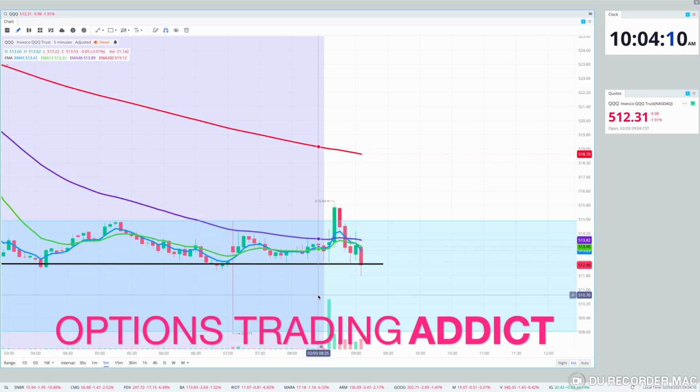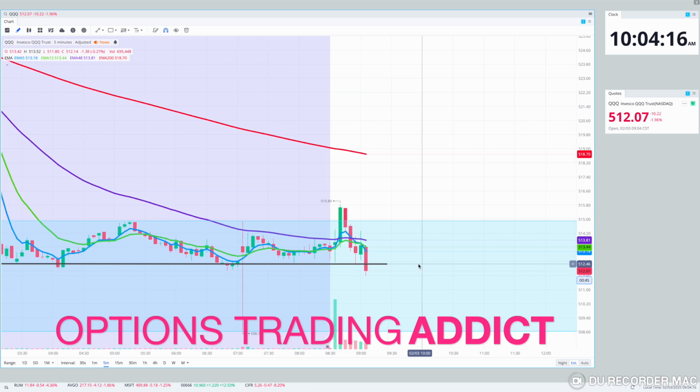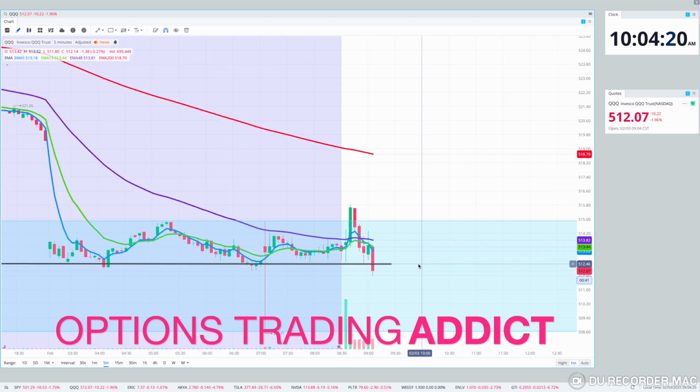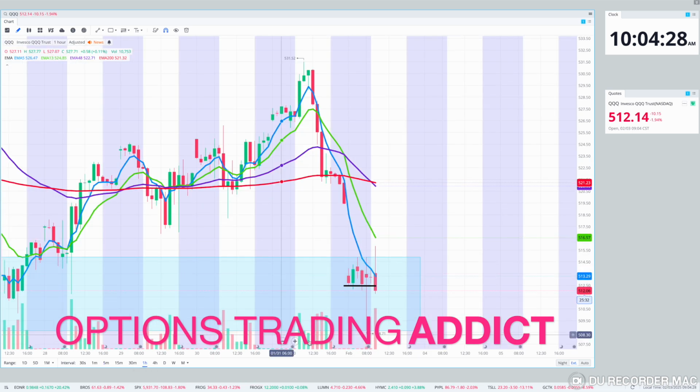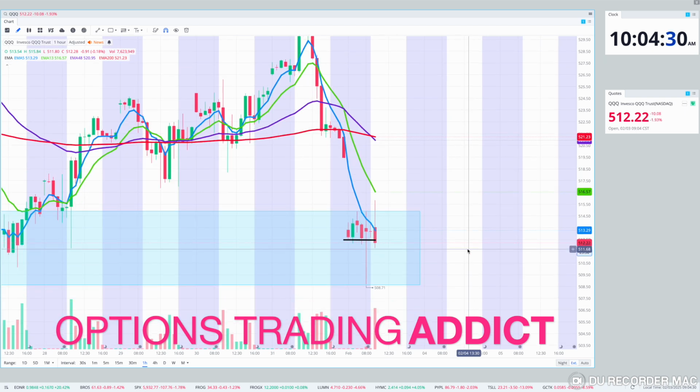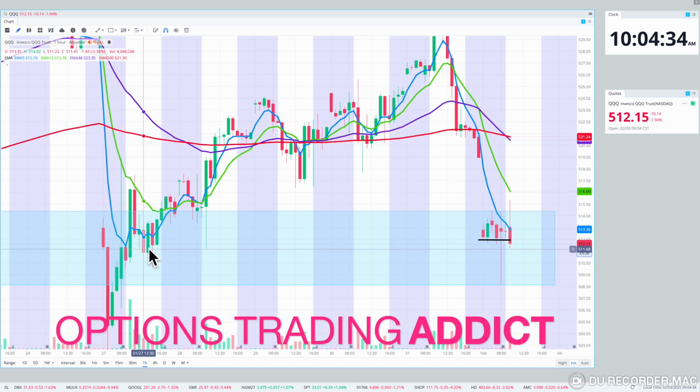Let's see. I remember trading last week. 512 was a support level that had trouble breaking away from last week. You can see over here, it had trouble. This was Monday.